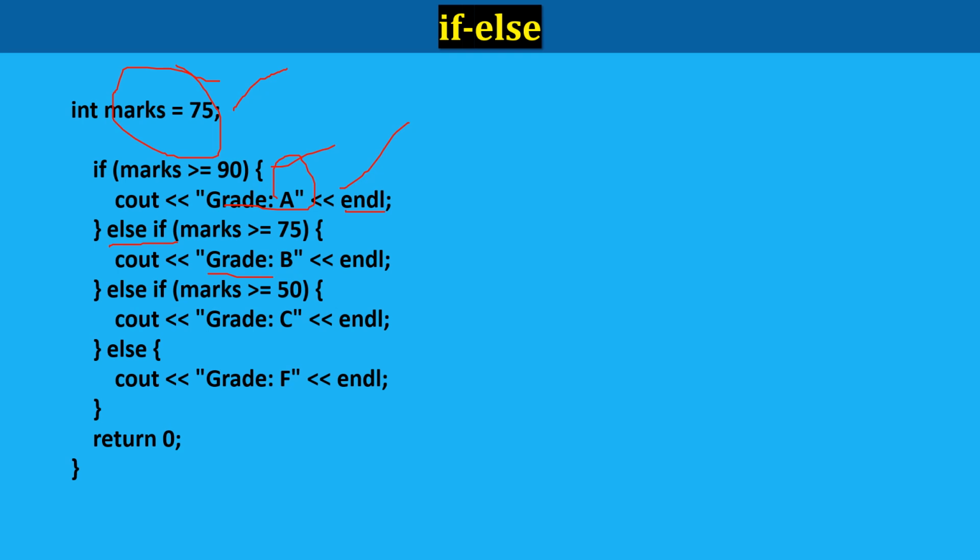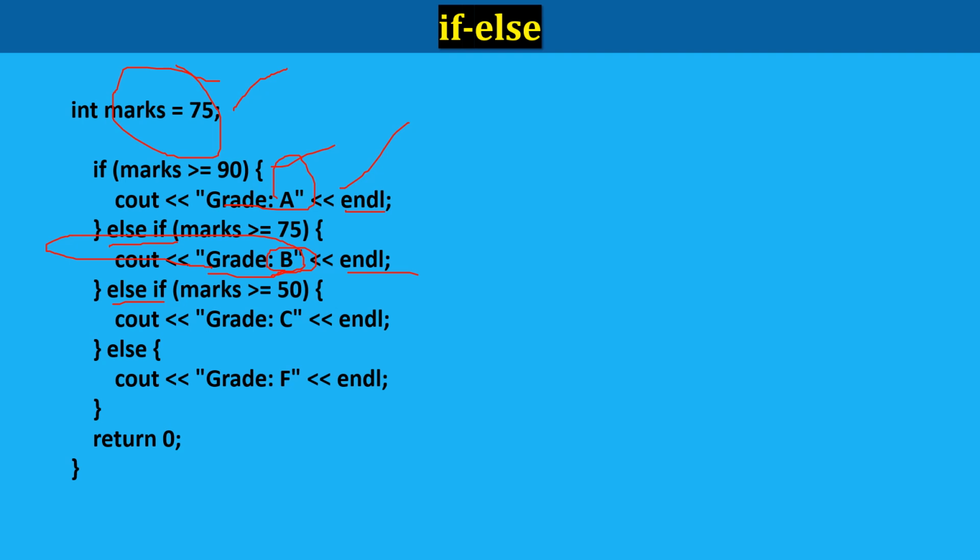If the condition in the else if block is true, the line is executed: print grade B to the console followed by moving to a new line. And else if again, marks more than or equal to 50.